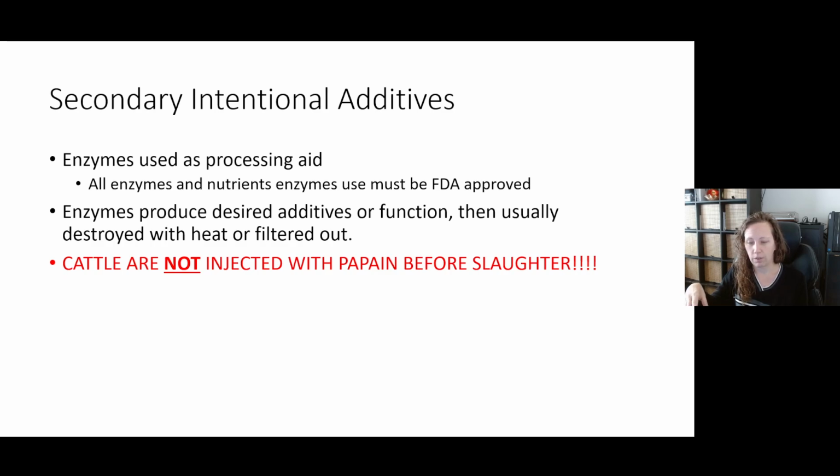You would have to have on your steak at the grocery store the words tenderized with papain. And you don't see that, right? So while it's possible, it is absolutely not a common practice. Don't assume that all the beef you get in the grocery store has been injected with this enzyme, because it hasn't.